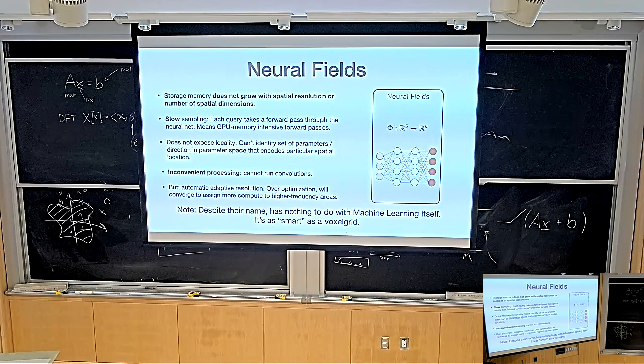And then the norm of the gradient has to be 1 everywhere. You know that must be true because the signed distance function tells you the distance to the closest surface, which means that as you go away, the distance increases linearly. Just with these two constraints, that fully defines the signed distance function.